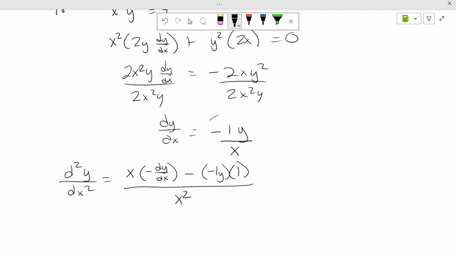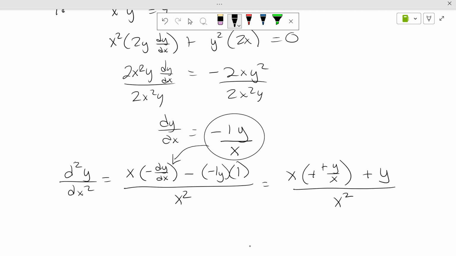Well, dy dx is this. So you take this and you plug it in for that. So it's equal to x times the negative of negative y over x, which makes it a positive, minus a negative y, which is plus y over x squared.